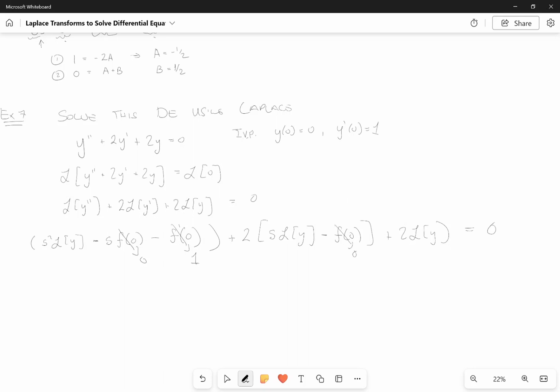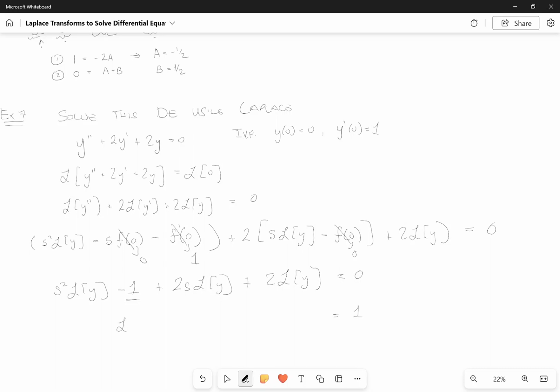So what do we have? Let's collect all our terms. S squared Laplace of y minus 1 plus 2s Laplace of y plus 2 Laplace of y equals 0. I'm going to bring the 1 over to the other side, so it equals 1.